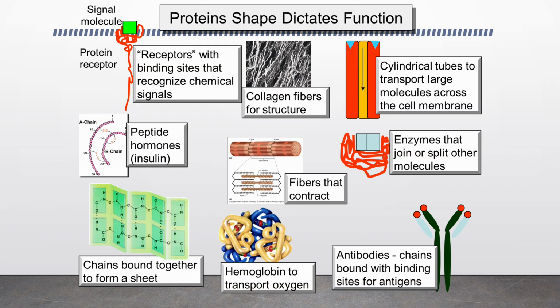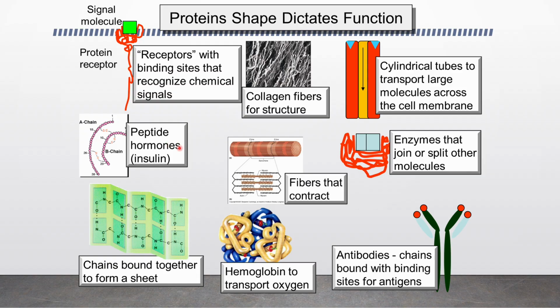Protein shapes are going to dictate the function for the protein. Notice that each one of these on this diagram, they're all different. You have tubes, these cylinder tubes that help transport materials back and forth across the cell membrane. We have what are called collagen fibers in our skin that help give it structure. We have fibers in our muscles that help contracting.